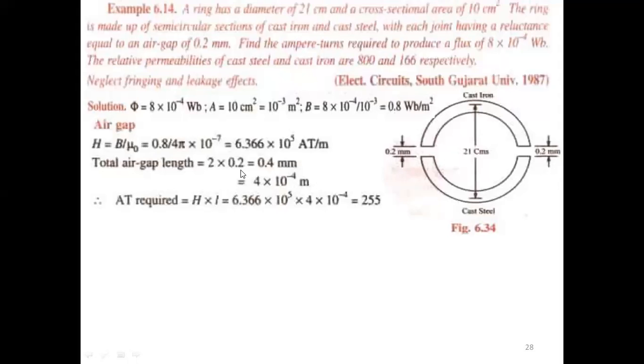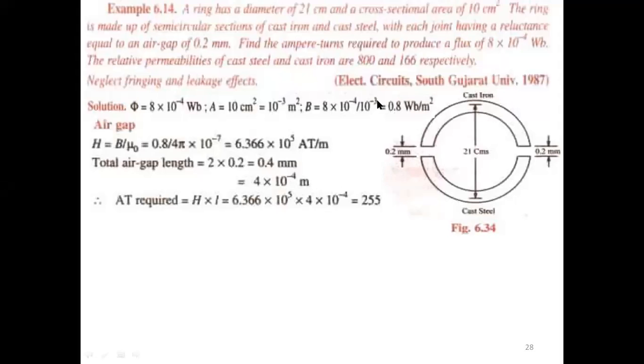So 2 into 0.2 is 0.4 mm, that is 0.4 into 10 to the power of minus 3 meter, or we can write 4 into 10 to the power of minus 4. This is the length of the air gap we have calculated.